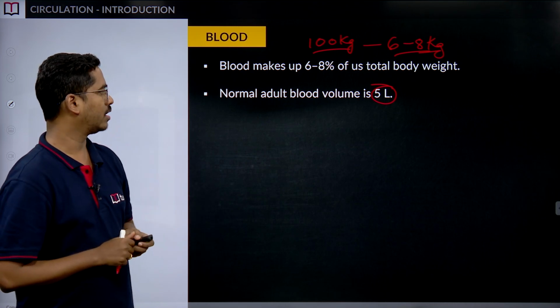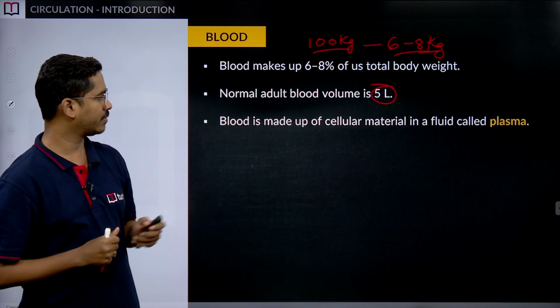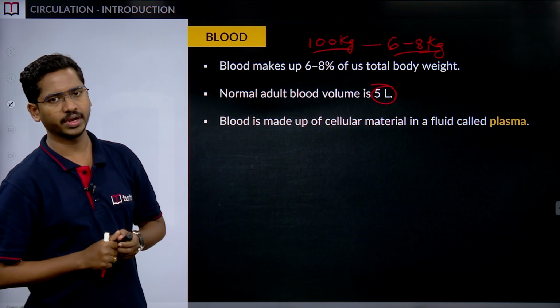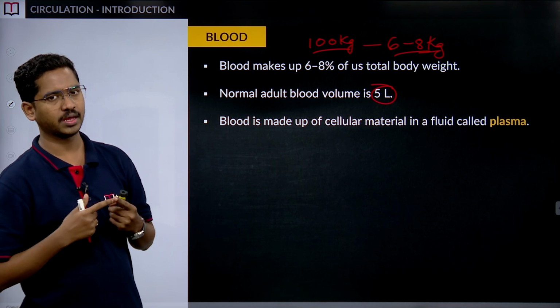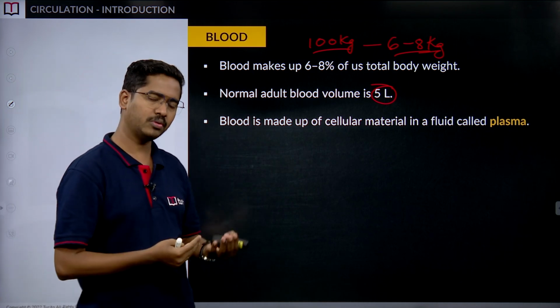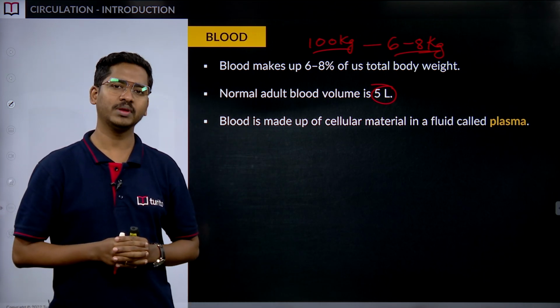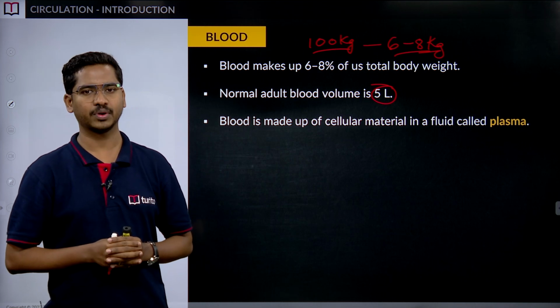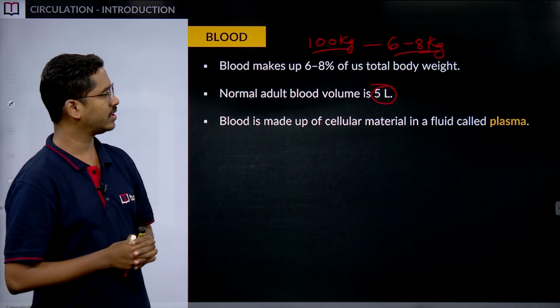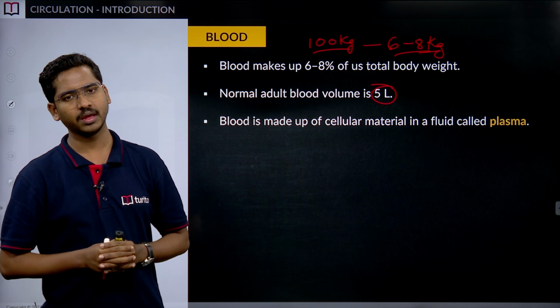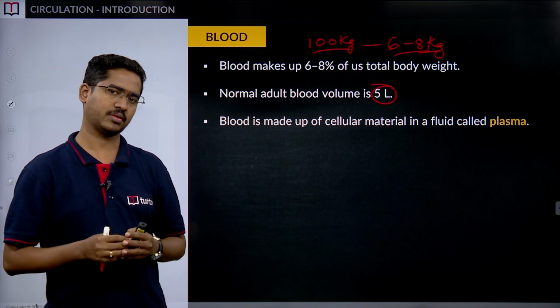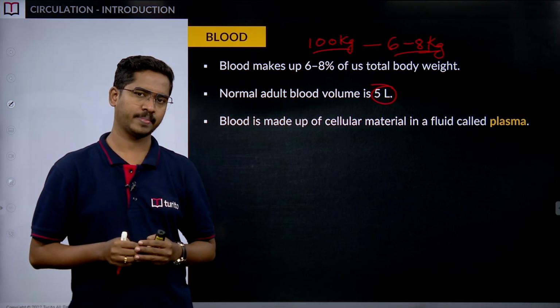Okay. Now, blood is made up of cellular material in a fluid. So, that means, you have seen and you know much before I tell you that blood has so many cells within itself, okay, and you get to see that it is present in a fluid matrix known as plasma.